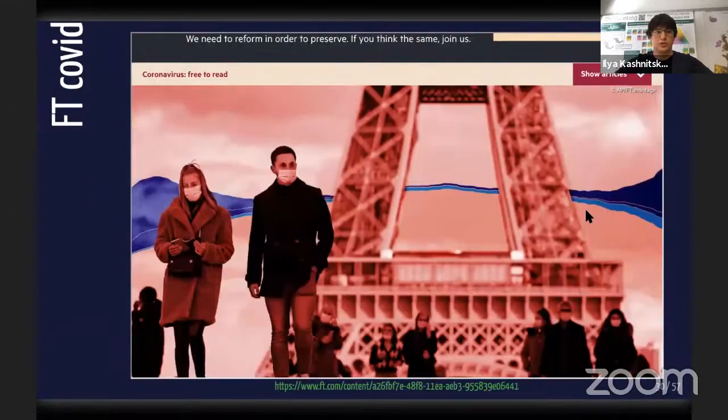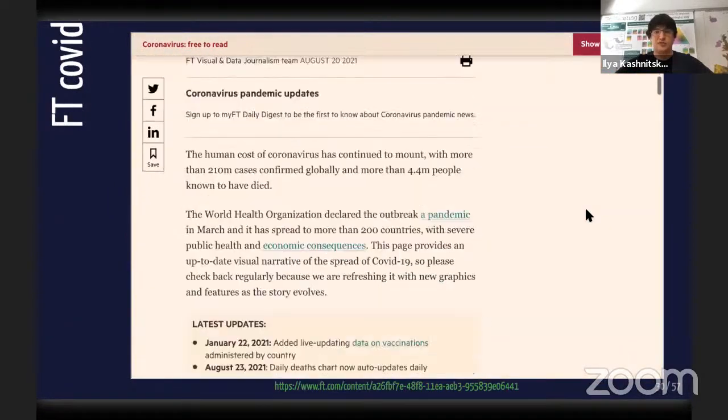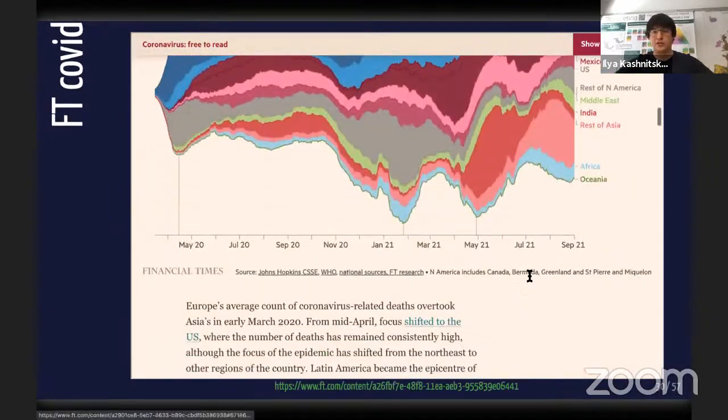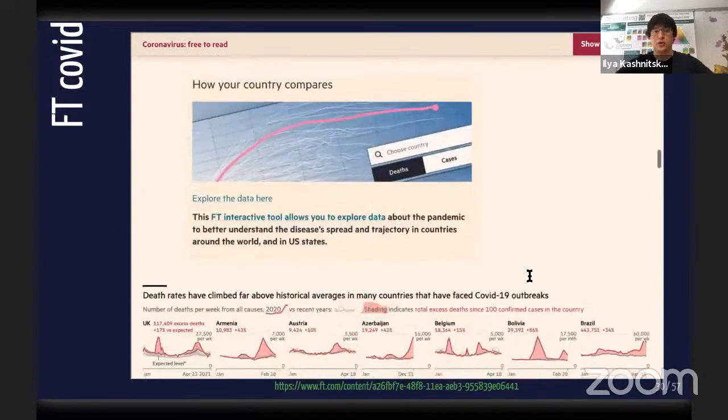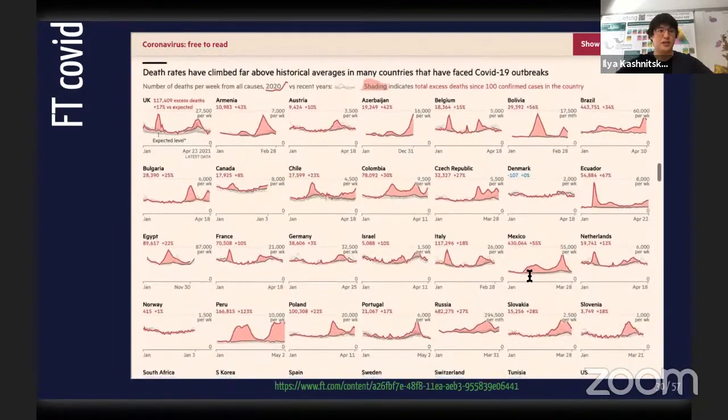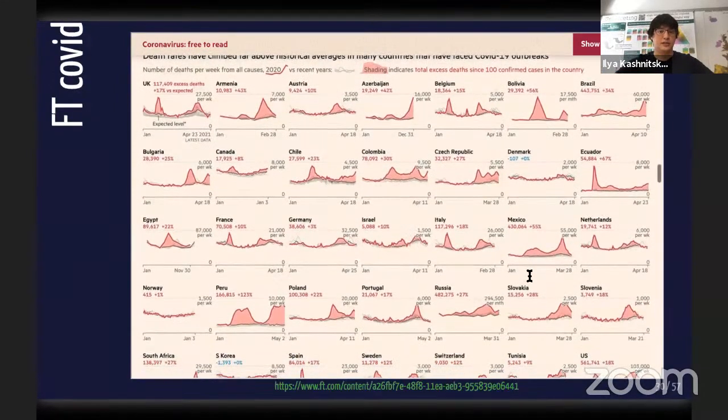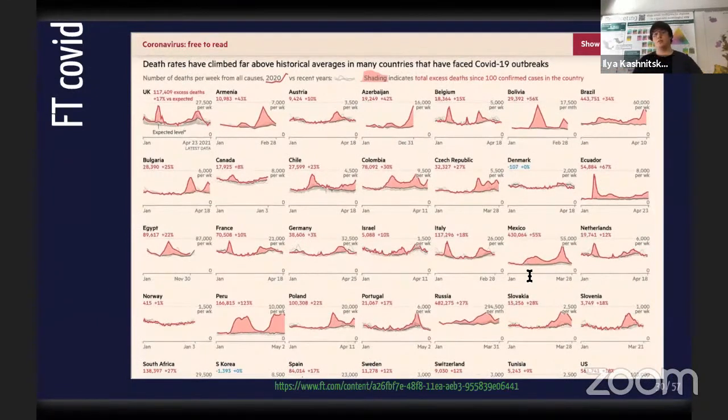And another example I want to show here comes from a guru of data visualization, John Burn-Murdoch, who works at the Financial Times. I want to show you this plot. You probably saw it multiple times on Twitter and elsewhere.